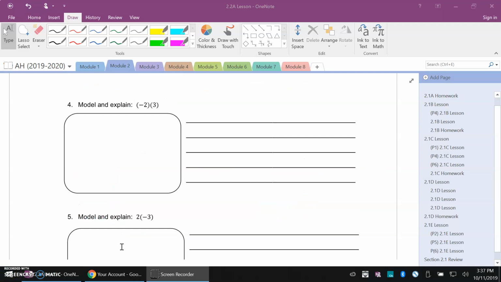Example number 4 says negative 2 times 3. This means that we need to remove 2 groups of 3 positive tiles. Now would be a good time to hit pause to try this one on your own.